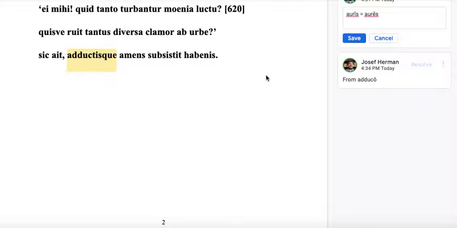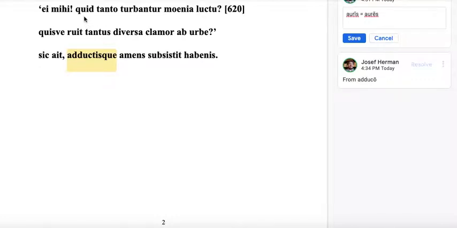Then we have quid tanto turbantur moenia luctu. So we have an ablative here. By what great grief? Quid tanto luctu. Okay, tanto means so great. Luctu is grief or a sorrow or a sadness. And then quid means what.